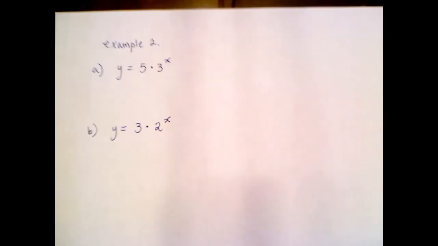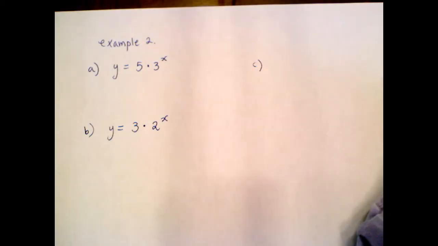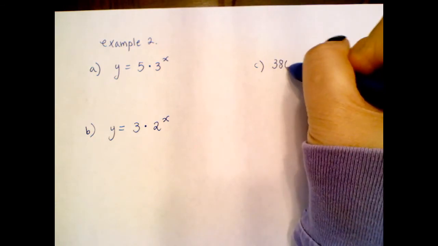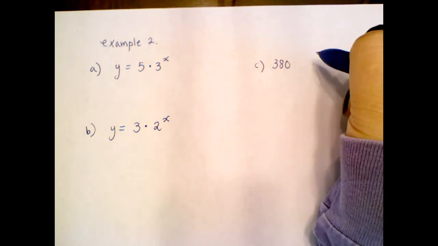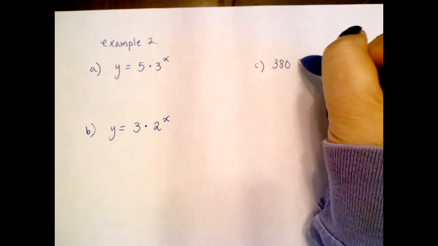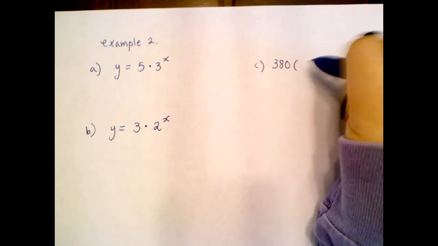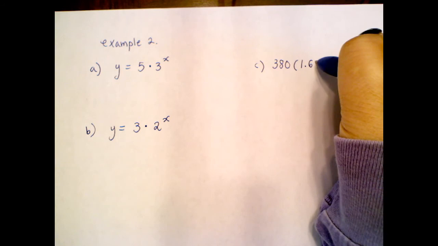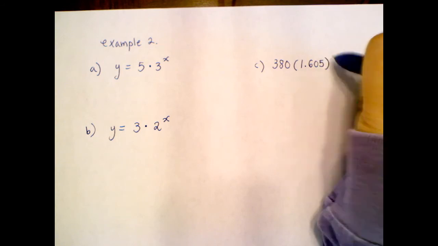First, hit focus button. C. Because later you will do some problems, the application problems involving money and population, different things, let's make this A equals 380 times the base 1.605 to the t-th power.